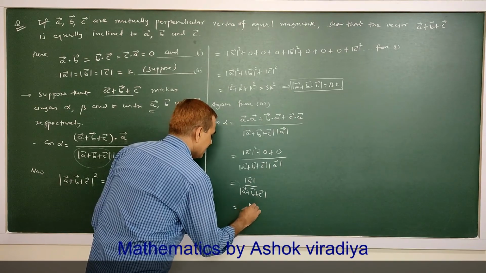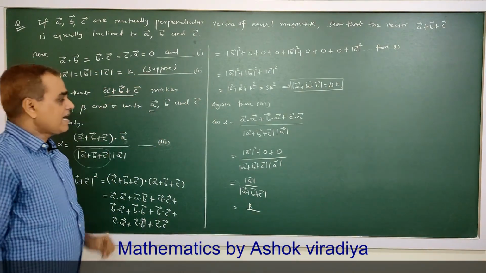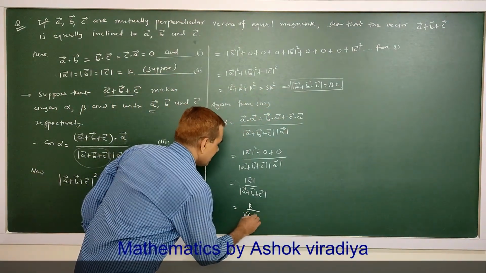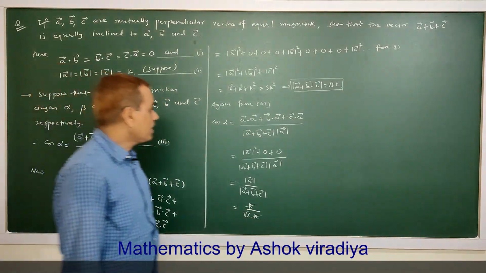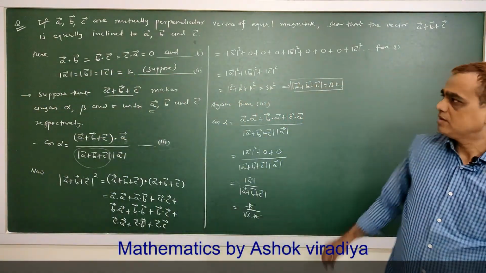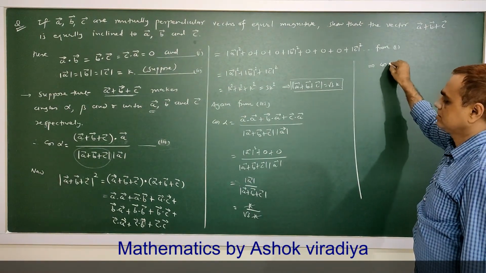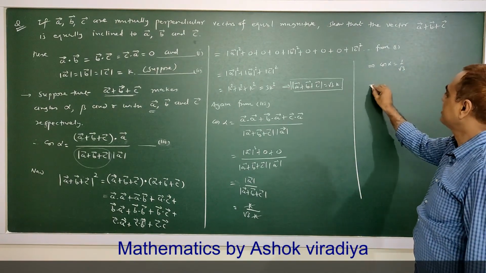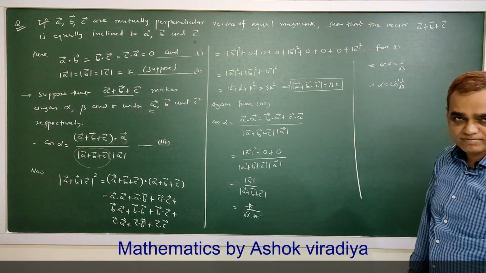Now magnitude of A is k, and magnitude of A plus B plus C is root 3 times k. So k is cancelled, and it is 1 by root 3. Therefore cos alpha is 1 by root 3, so alpha is cos inverse 1 by root 3.